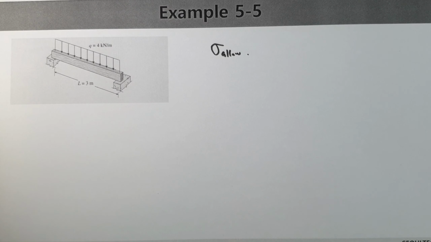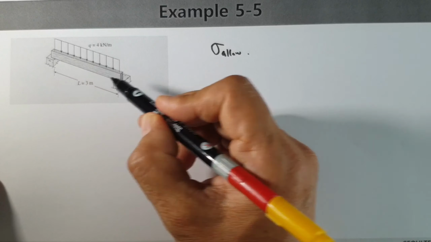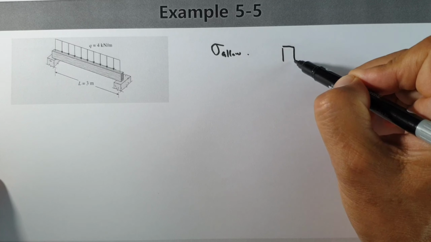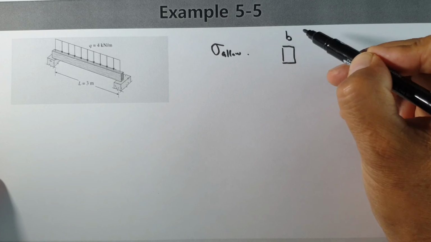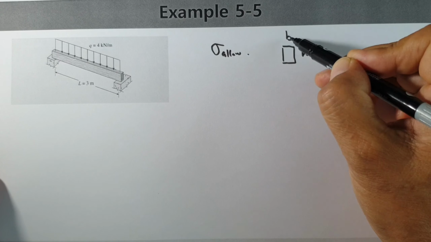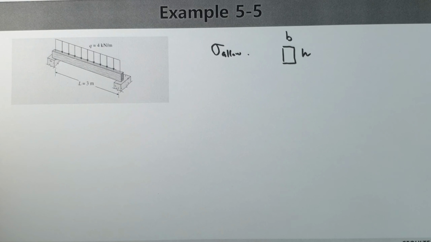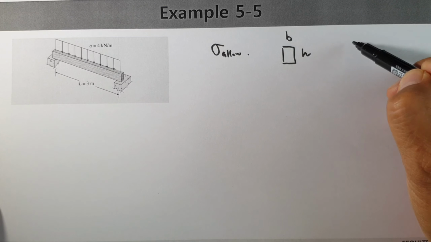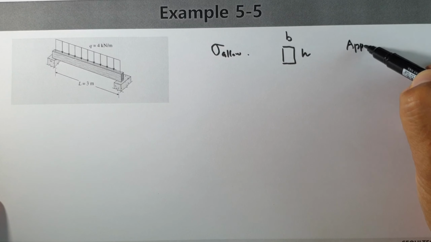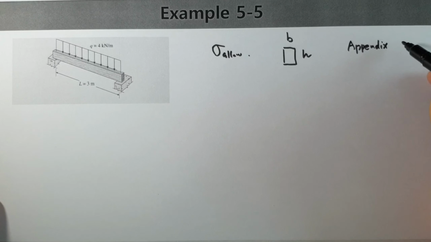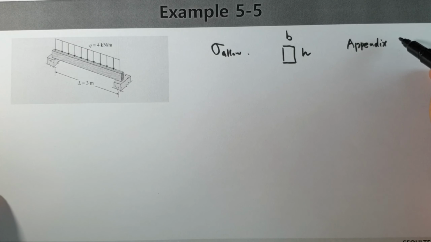And our goal is to find the cross-sectional area. If it is like this one, width is B, height is H. We would like to know B and H. Of course, in this case, we cannot find it exactly, but if we have some table in some appendix, appendix F, there is a table.